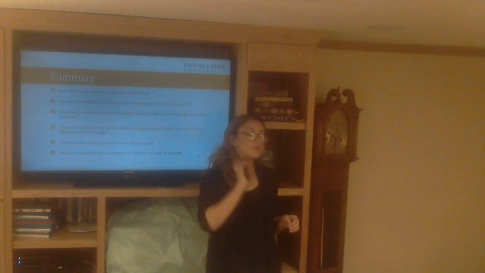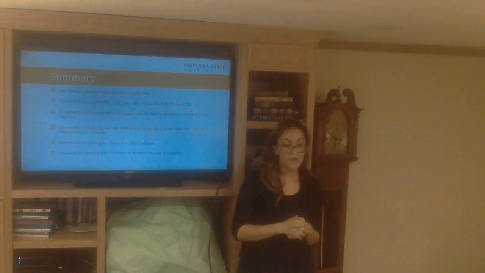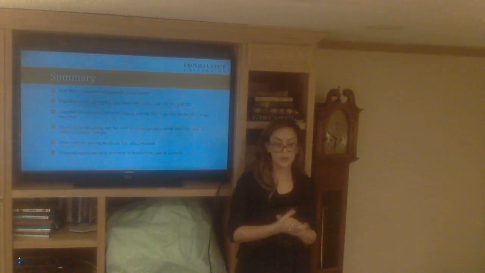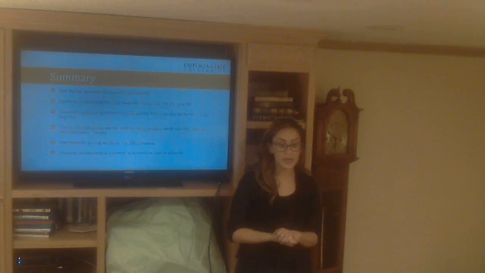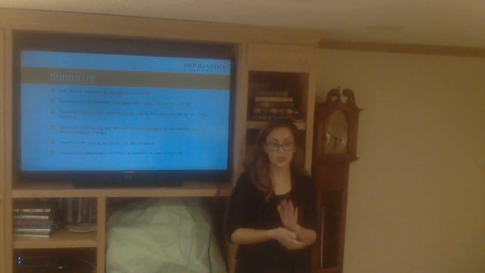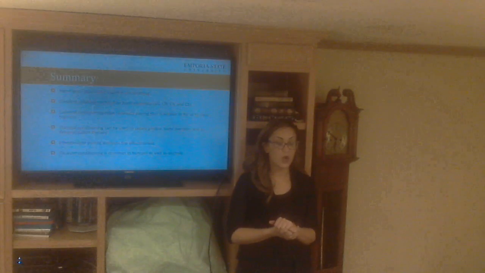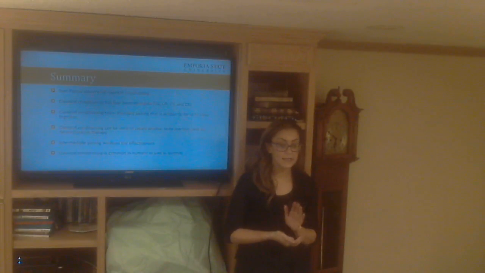So, to summarize what we've gone over today, we've learned about Ivan Pavlov and how he discovered classical conditioning. We also talked about the four basic elements: the US, UR, CS, and CR. We also talked about how classical conditioning takes repeated pairing that is neither too far apart nor too close together.